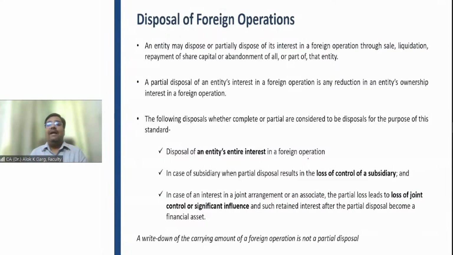Now, we have completed translation of foreign currency transactions, translation of entities' financial statements from functional currency to presentation currency, and translation of foreign operations for the purpose of consolidation to the parent. So we have discussed all these 3 aspects, with intra-group balances and different reporting periods.